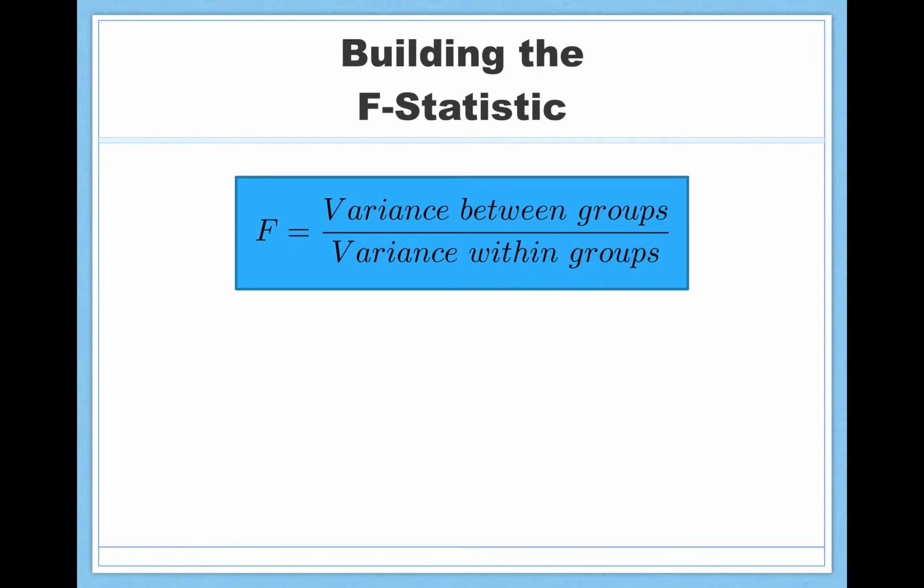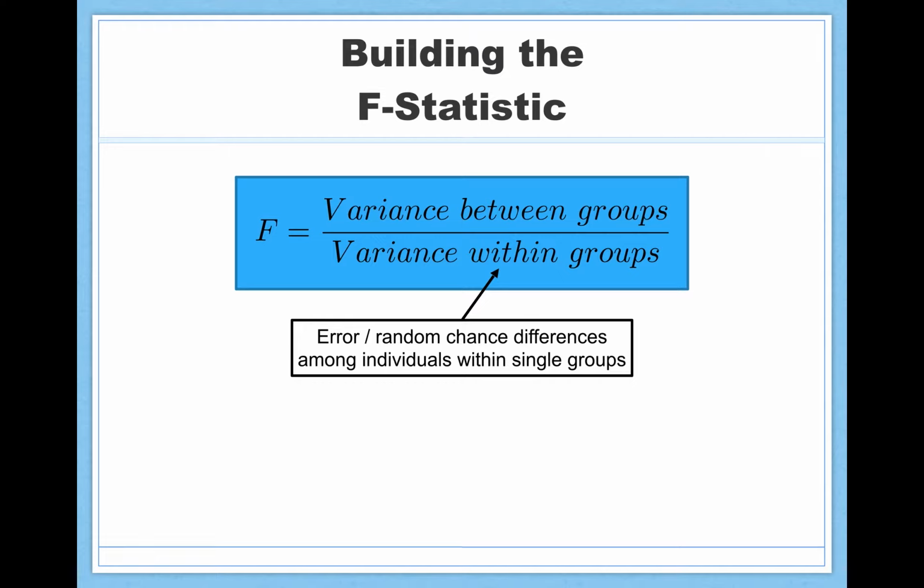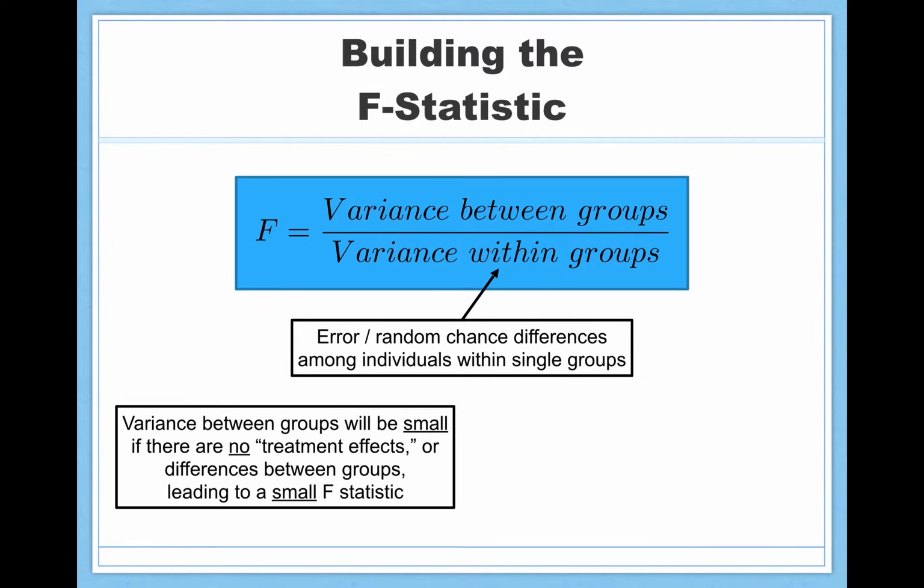Different individuals who are all of the same group might differ from each other, and some people might be interested in that, but you don't care about that. For our purposes in this study where we're interested in between group differences, the within group differences we're going to simply call error or random chance differences that we don't care about. Differences among individuals within single groups. So this is how we control or look at whether the between group differences are really meaningful.